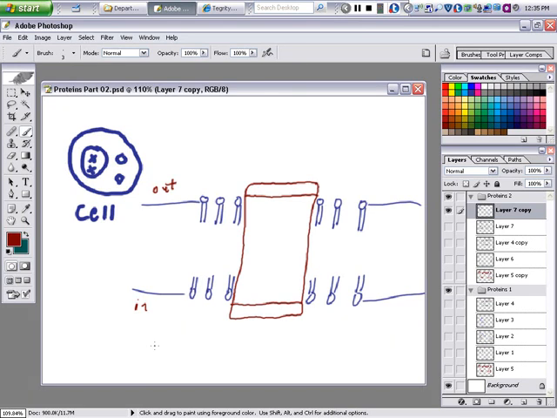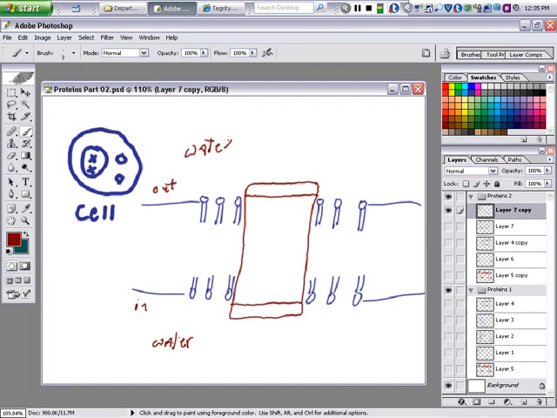Water. Exactly. So there's water inside of the cell. And what liquid is found on the outside of cells in the extracellular space? Water. I know these are trick questions. So there's water inside of the cell, water on the outside of the cell.